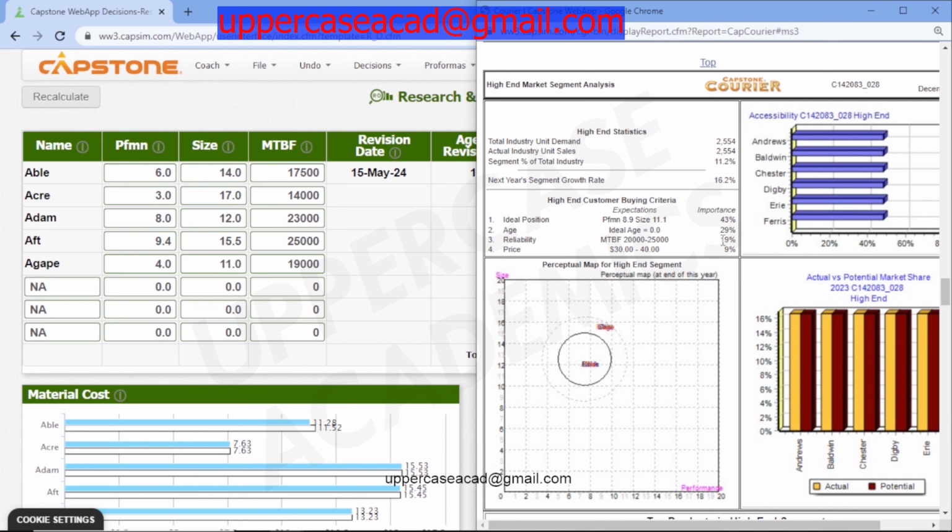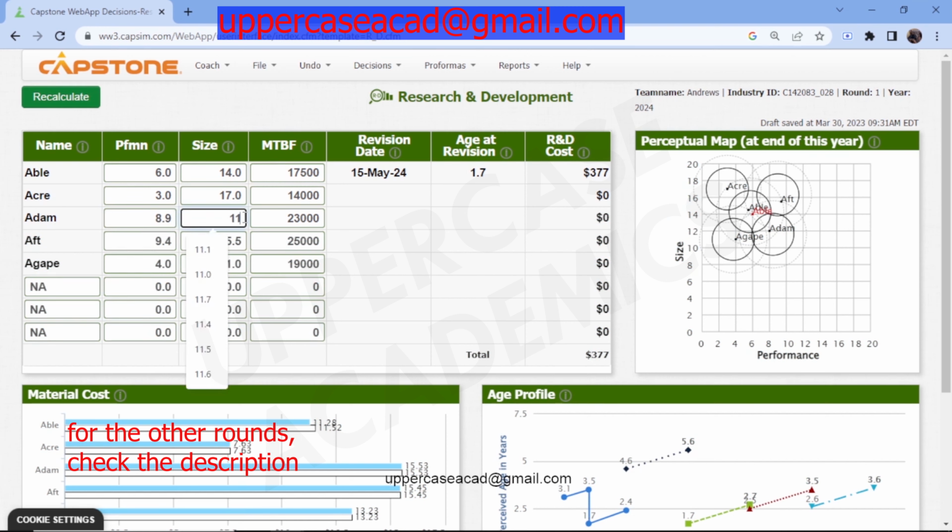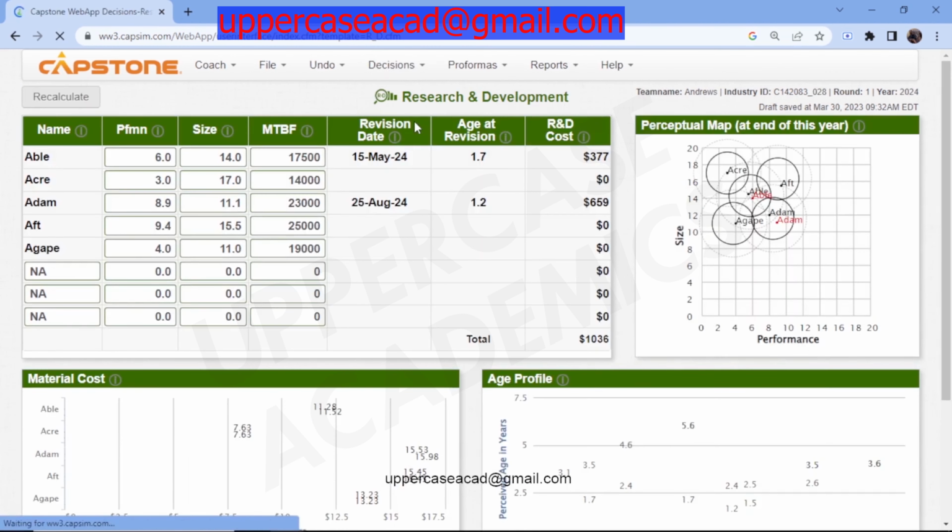Reliability has an importance of 19%, and price has an importance of 9%. So for this case, I'll give it 8.9, and size I'll reduce it to, let me say, 11.1. I'll not touch my mean time before failure again in this one.